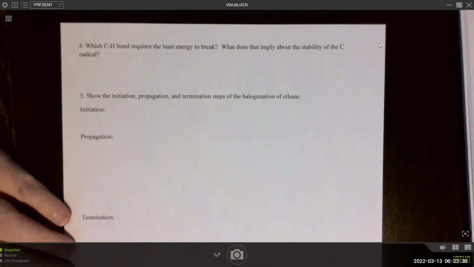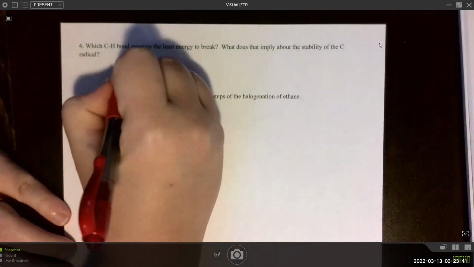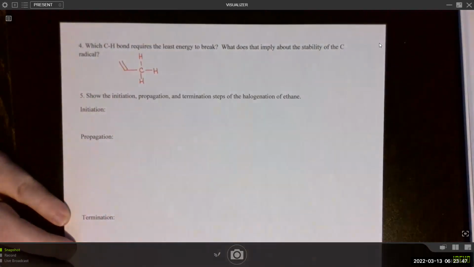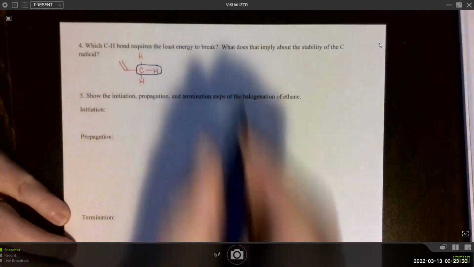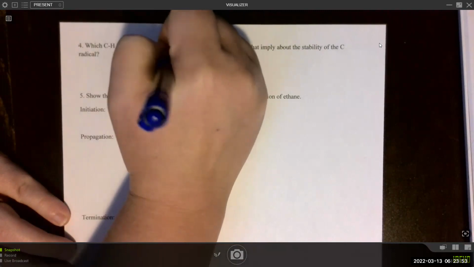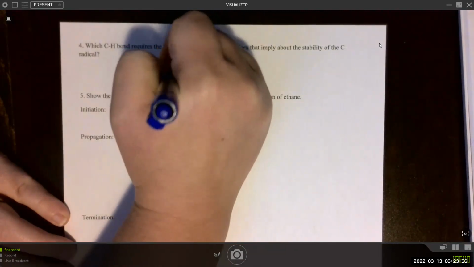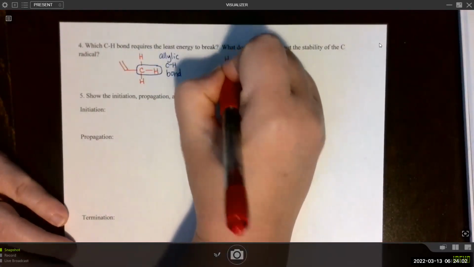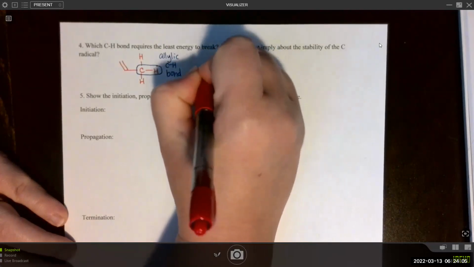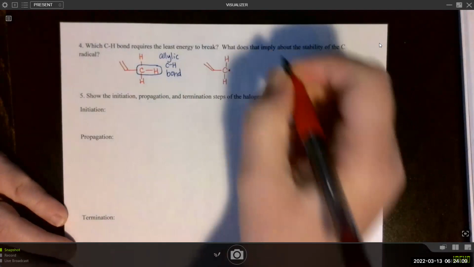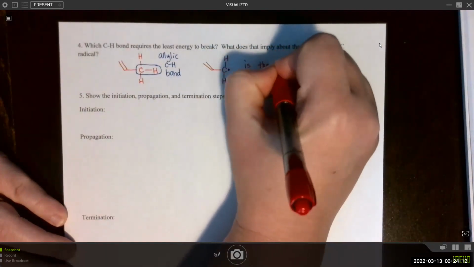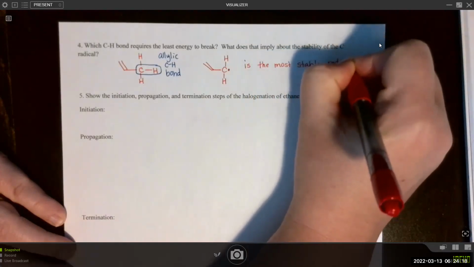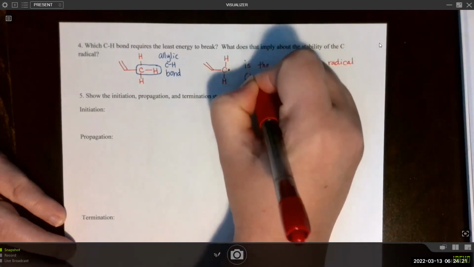So that was the allylic one. Right, and that implies that the allylic radical is the most stable radical, i.e. lowest energy.